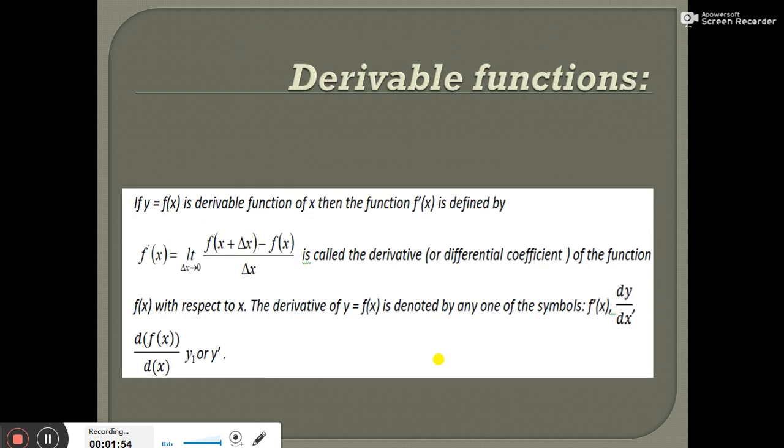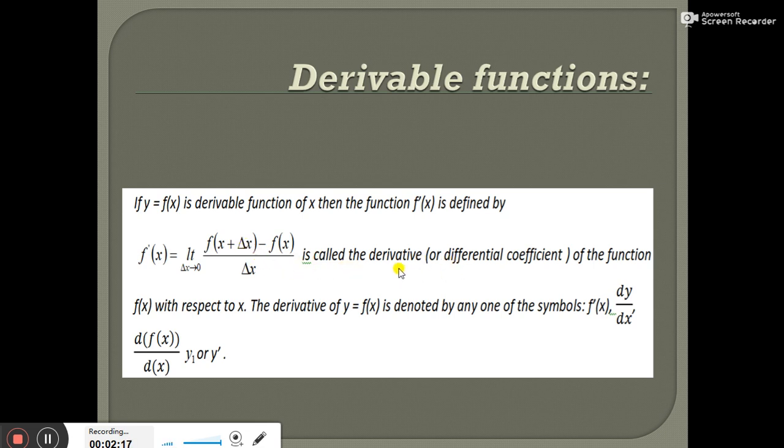Now we have the derivable function. If y is equal to f(x) is a derivable function of x, then the function f dash x is defined by limit delta x tends to 0, f of x plus delta x minus f of x by delta x, where delta x is a very small increment.